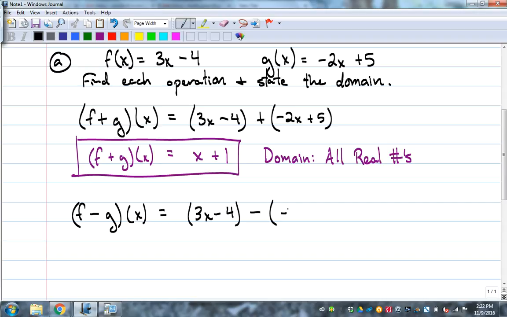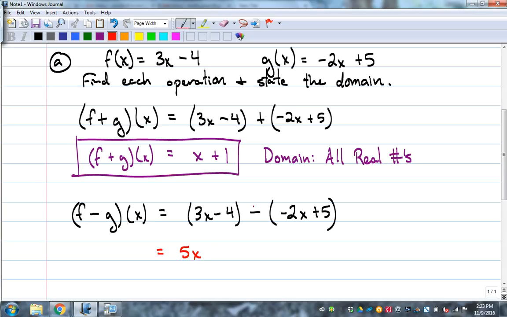We're just subtracting. Now the parentheses do matter on this, because I'm subtracting that entire function there. So I've got 3x minus negative 2x, which becomes 5x, right? Because minus a negative turns positive, so that's 5x.